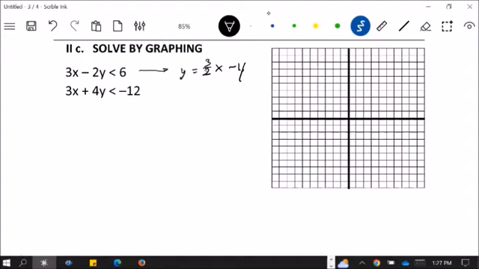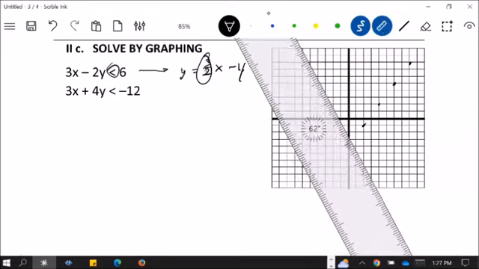I'm going to go to -4, and go a slope of up 3 and over 2. Up 3 and over 2. That was not the spot, but this is. Up 3 and over 2, up 3 and over 2. Okay, and this one is a dashed line.